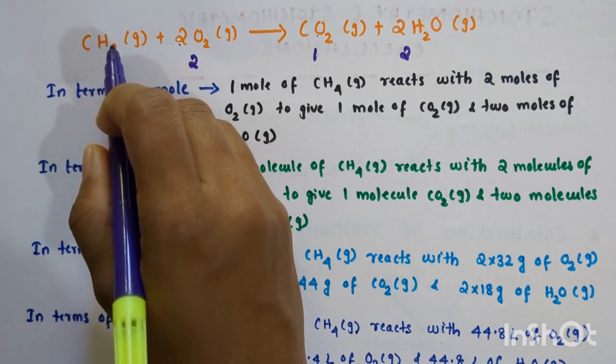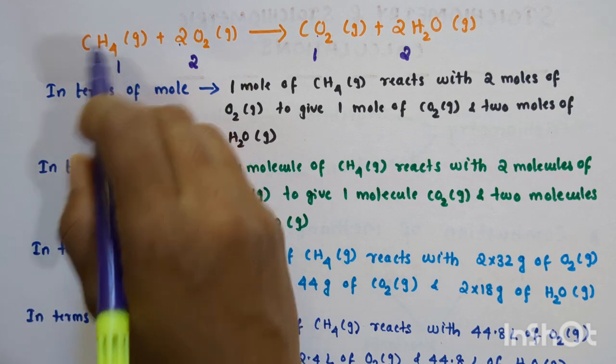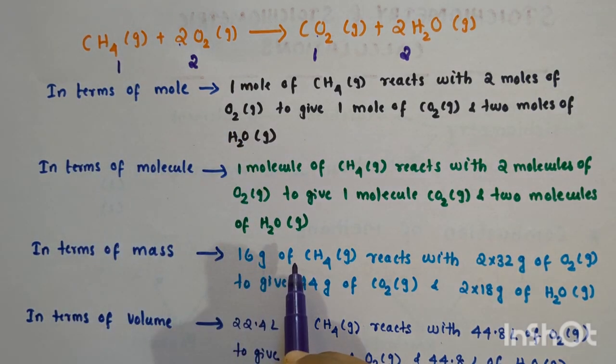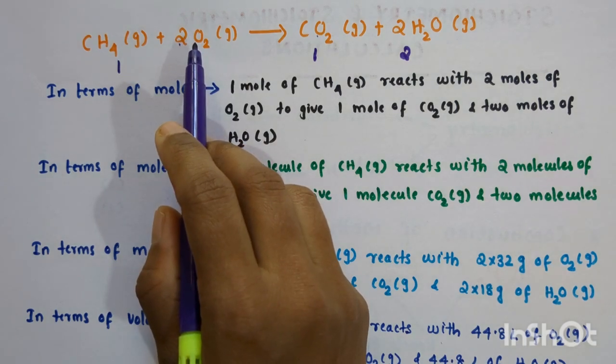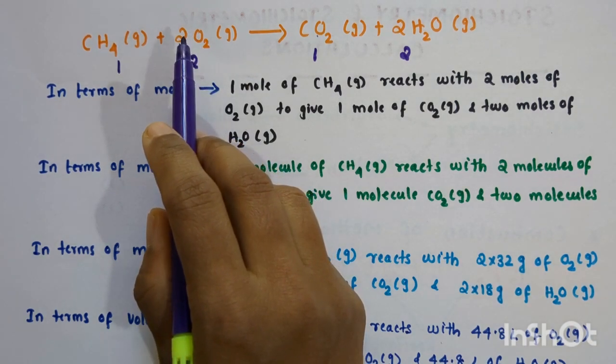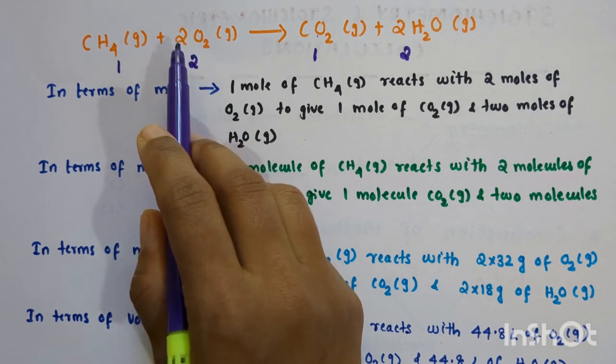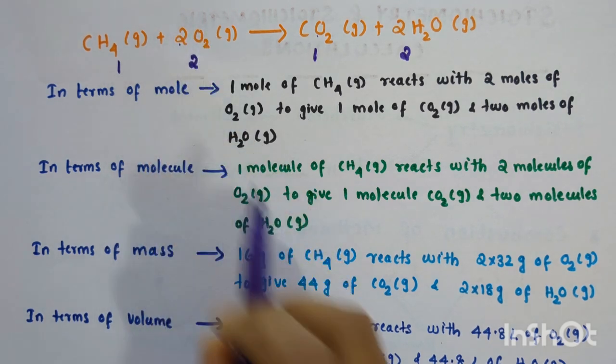So 12 plus 4 is 16. We can say that 16 gram of CH4 reacts with oxygen. For 1 oxygen molecule, the mass is 32 gram. But 2 molecules of oxygen are there, so 2 into 32.